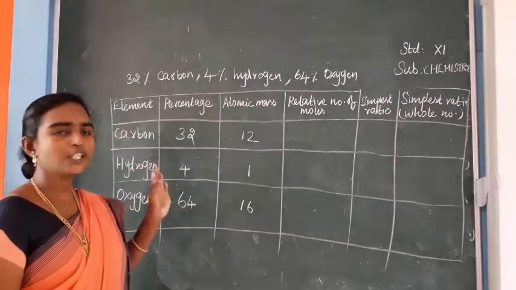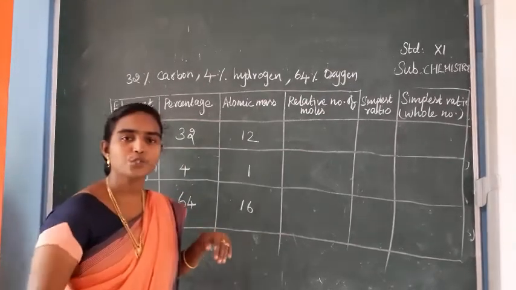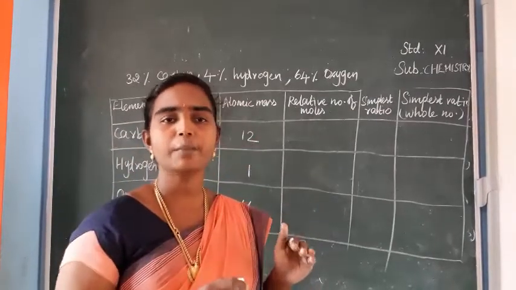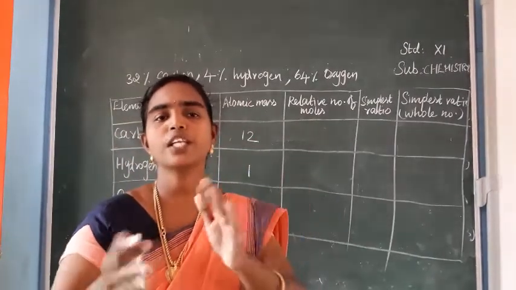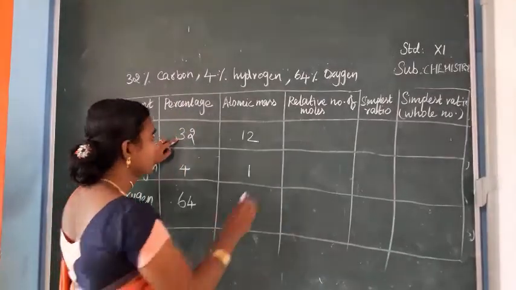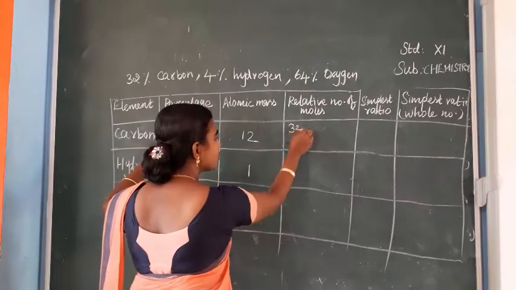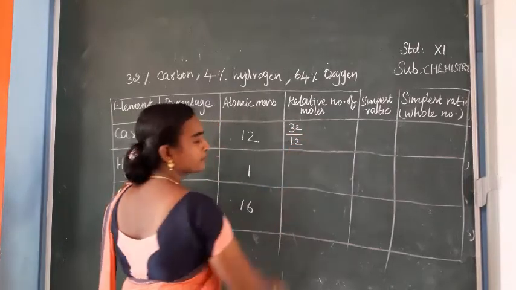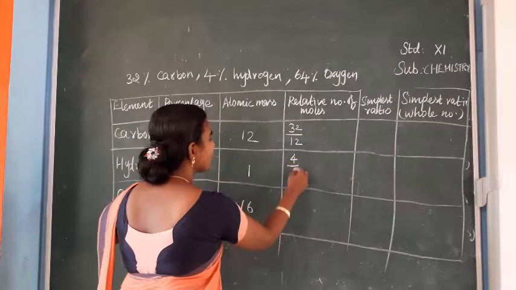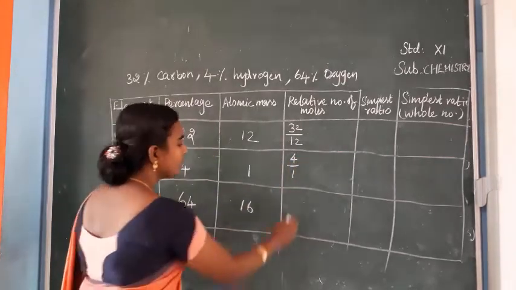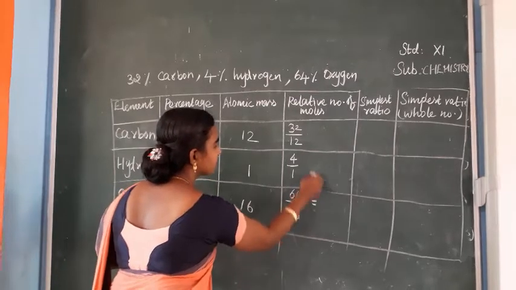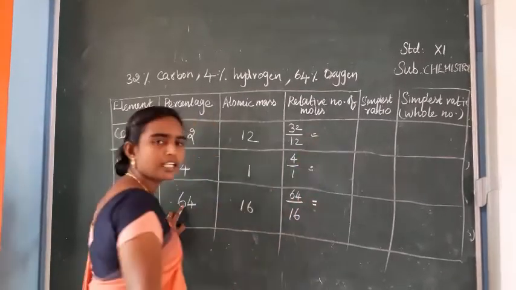How we used to calculate relative number of moles: percentage divided by atomic mass gives the value of relative number of moles, isn't it? So here carbon 32 divided by 12. Hydrogen 4 divided by 1. Oxygen 64 divided by 16. Is it clear, students?